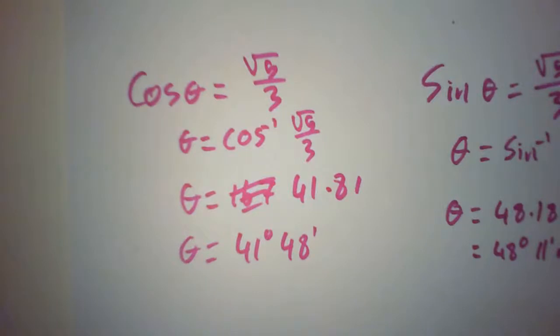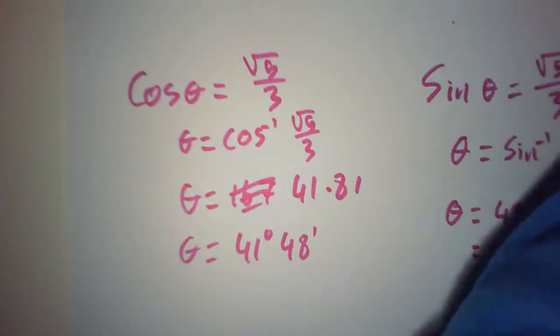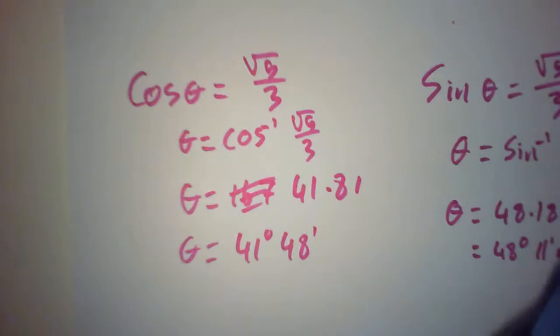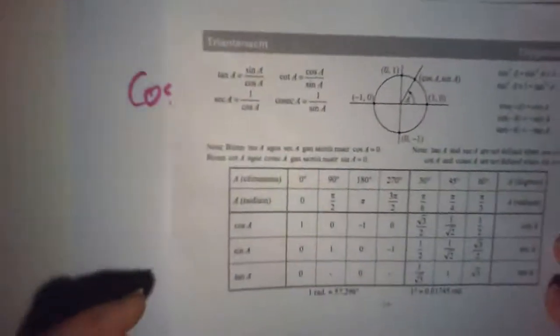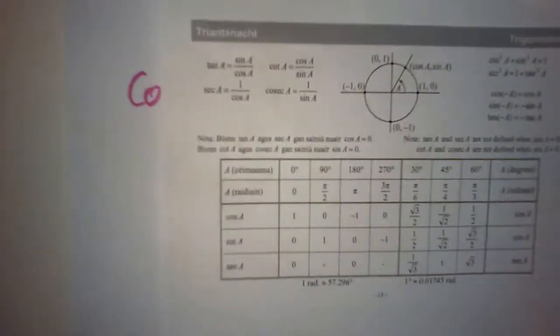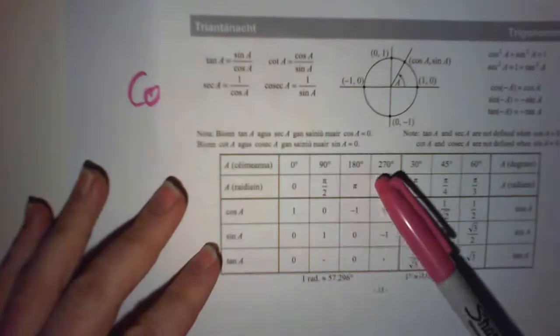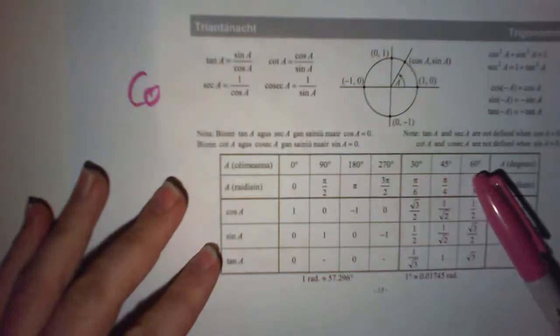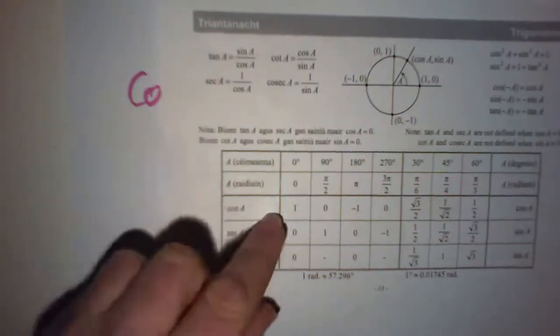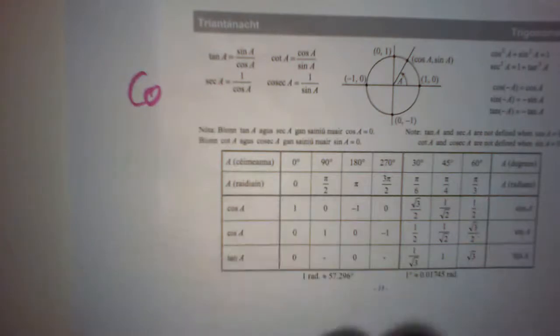Okay. Now, there are some very special angles that we don't use the calculator for. So I'm going to bring you back to our old friend, Mr. Log Tables. And you can see them here. 0, 90, 180, 270, 30, 45, and 60. If you want the sine, cos, or tan of them, they're actually here.